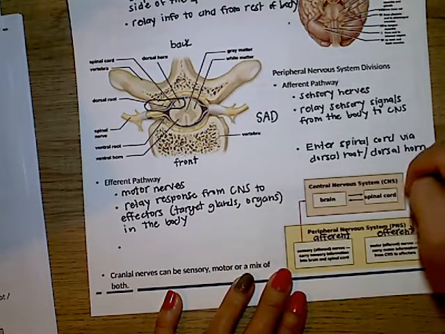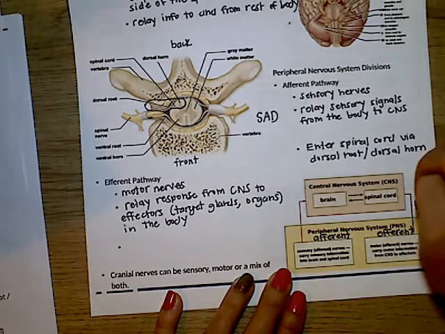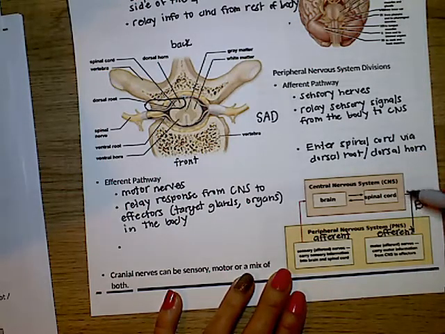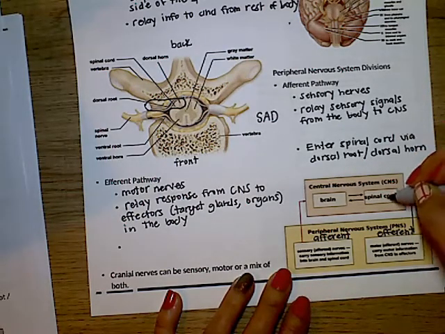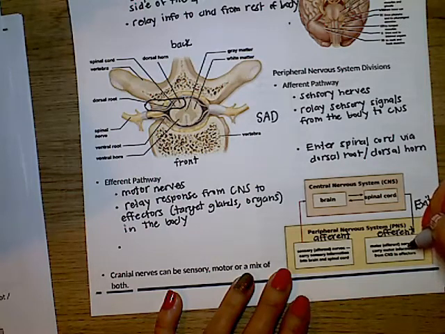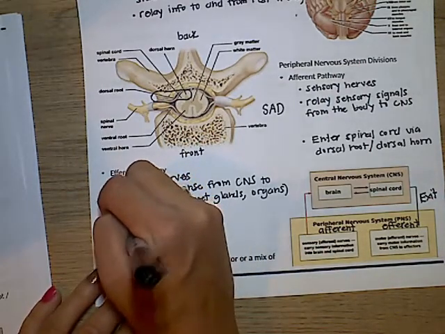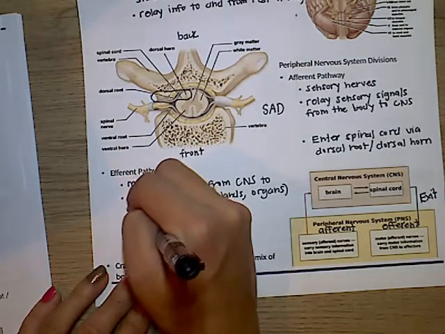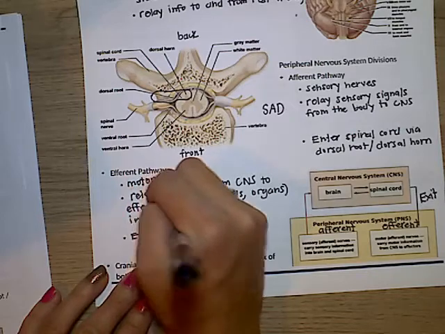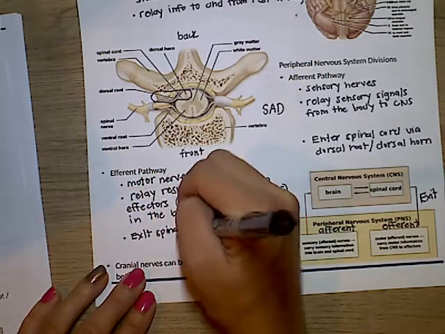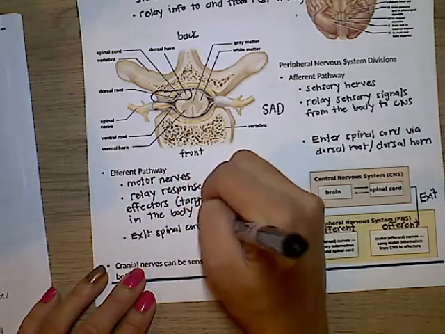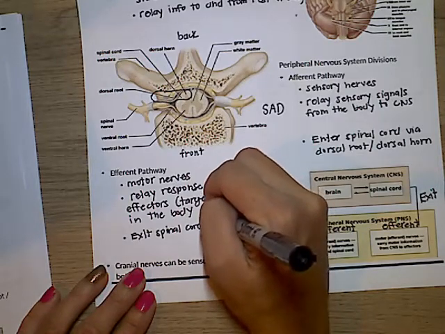If it helps, you can remember E is for exit, because this efferent pathway is going to exit the spinal cord or the central nervous system and go to the other parts of your body. And these exit the spinal cord via the ventral root and ventral horn.